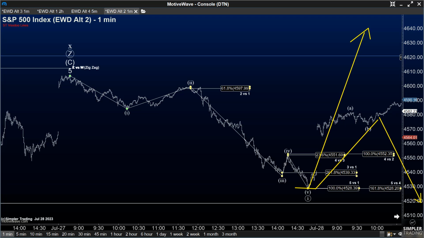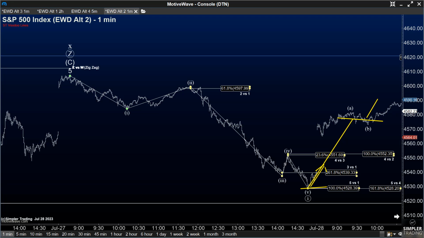It's still unclear which is unfolding, but being able to identify a plausible spot for the end of this move down gave a great way to figure out where we might turn back up from, right? And get involved for the bounce and have some exposure if it keeps going, and take some profit if it's going to roll back over.